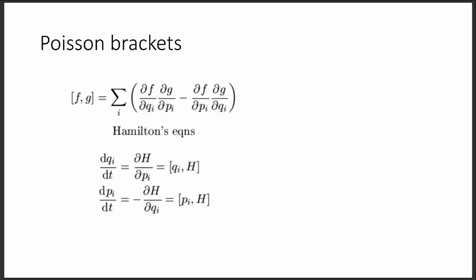That's what it's supposed to be, minus nothing. And similarly, dp/dt, which is minus dH/dq, can be written as p comma H, because the first term in the Poisson bracket now vanishes, since dp/dq is obviously nothing, and then we have minus dp/dp, which is 1, times dH/dq.